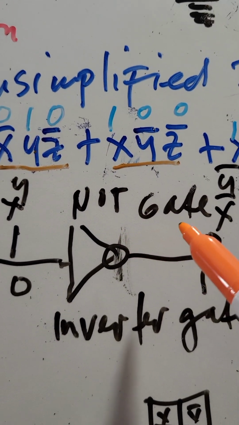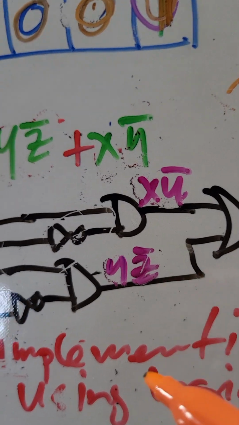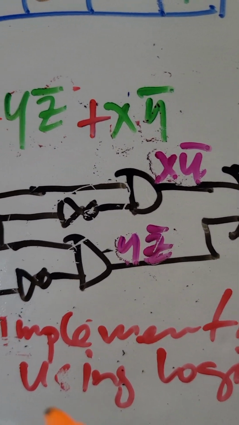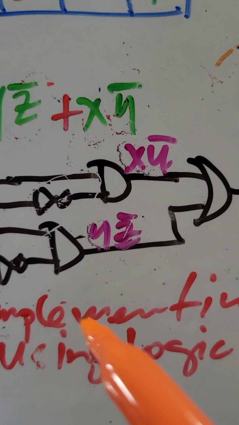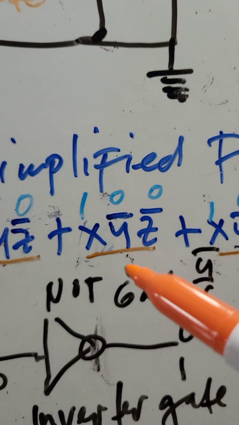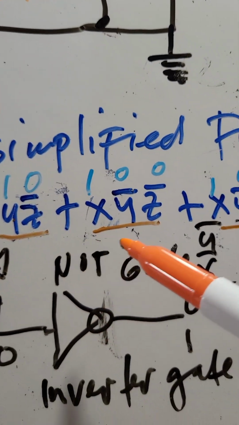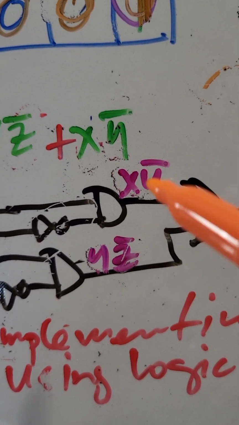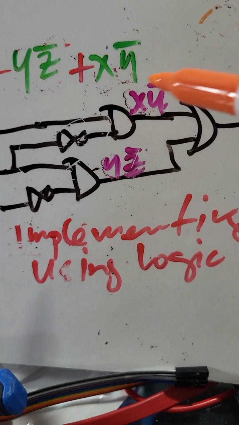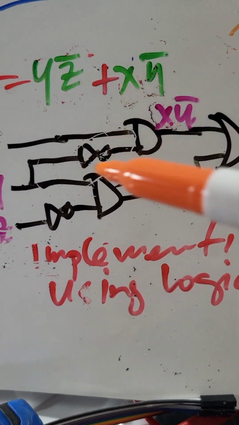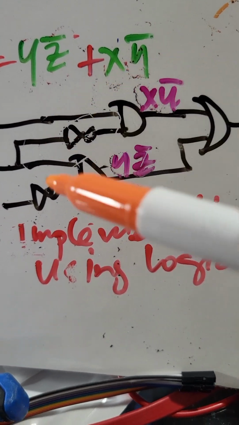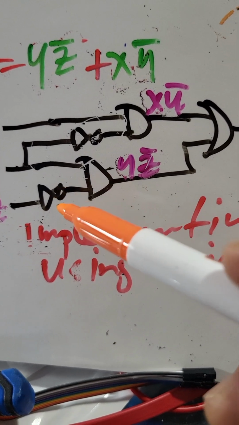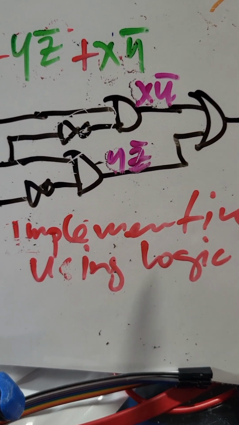So when we implement, if we're going to implement this unsimplified function using logic gates, we have to have several gates to implement this function. Because this logic drawing here is simplified already, so there's only how many gates? 1 2 3 4 5 gates.